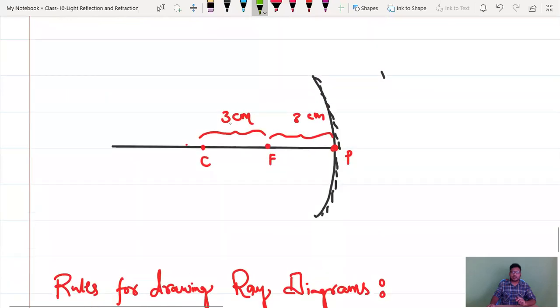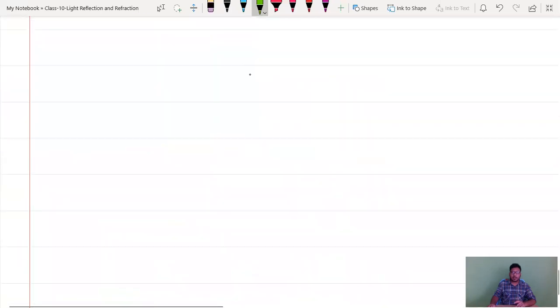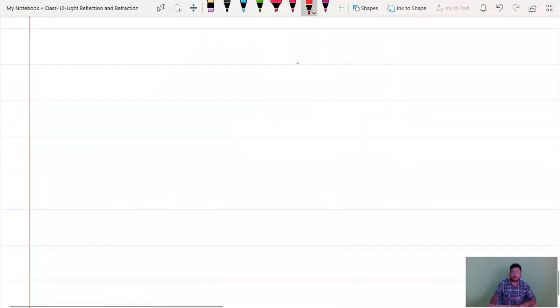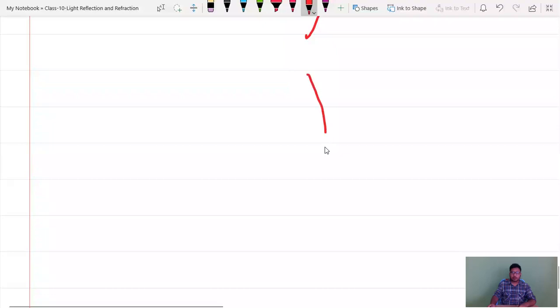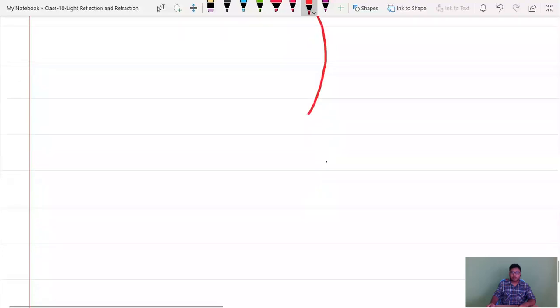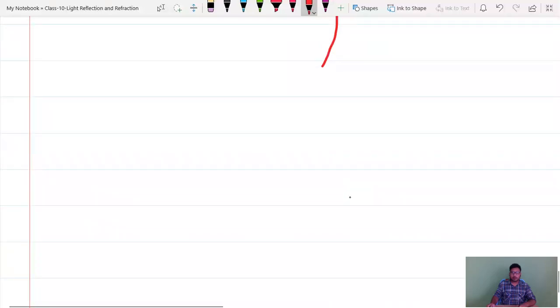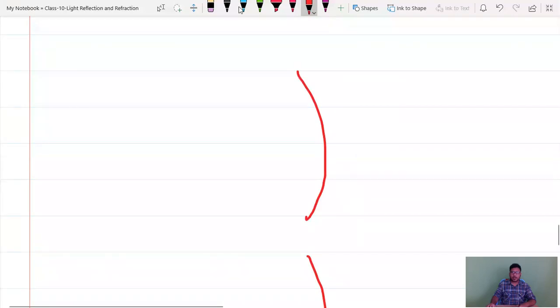First, 4 concave mirrors we have to draw. You can also draw along with me in your classwork. You can follow me.